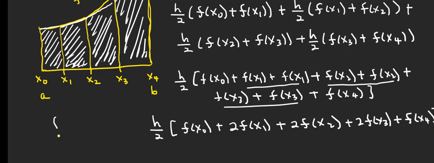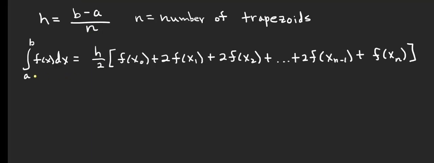And this is the approximation of the integral of f of x dx from a to b using 4 trapezoids.